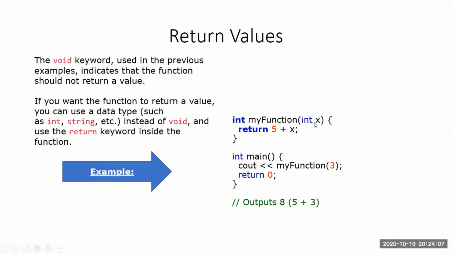Over here, if we pass in 3 and it says here return 5 plus x, then we're going to replace x with 3. That's going to give us 8, right? If we pass in 4, 5 plus 4, it's going to give us 9. So make sure, depending on the data type, if you're using int, string, double, whatever, you must return something. If you're using void, you can't return anything. Okay, that is the difference between void and the other data types.